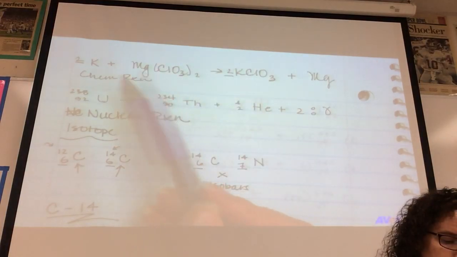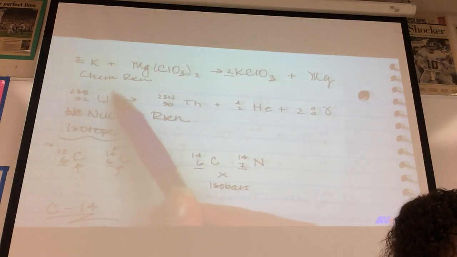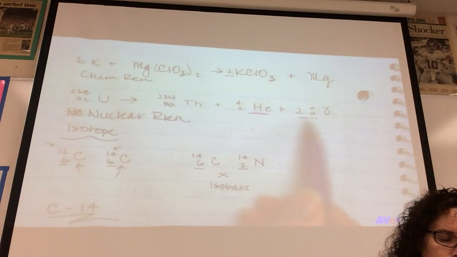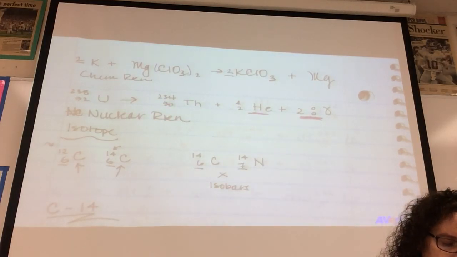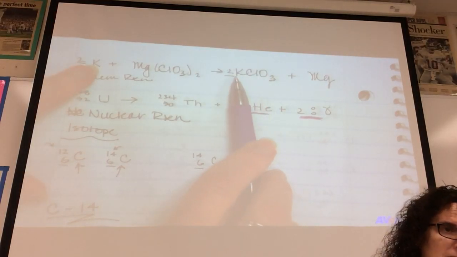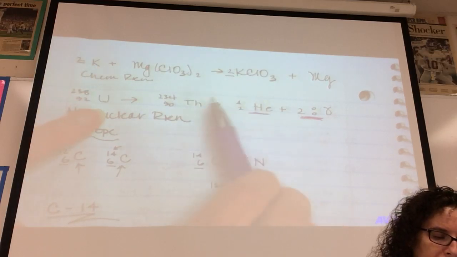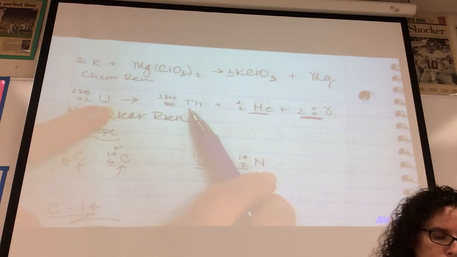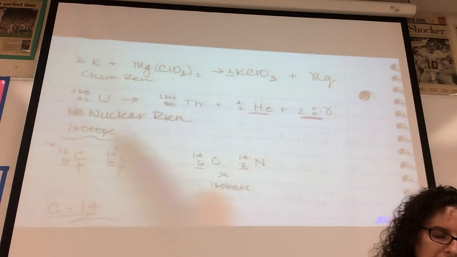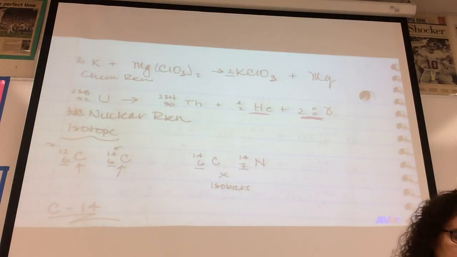In contrast with a nuclear reaction, the nucleus is going to emit particles and or rays. So we'll take a look at some of those radioactive particles. What you will also see in a chemical reaction is you have the same atom on both sides of the equation as well as the same number, whereas in a nuclear reaction you generate a new substance. You don't have the same atomic number, yet it's a nuclear reaction.